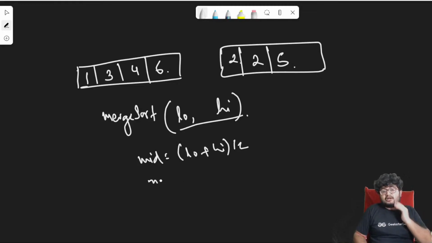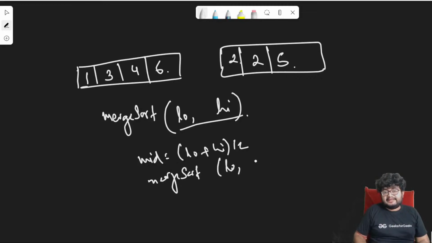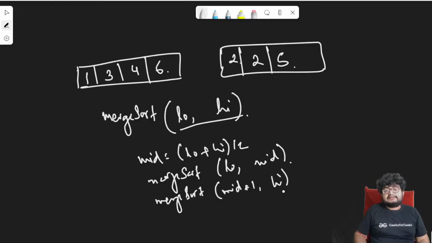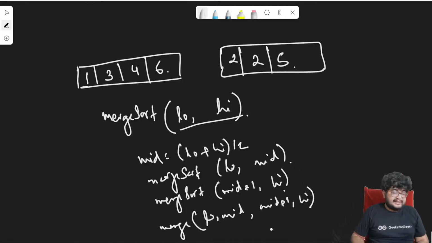We call merge sort to sort low to mid, then we call merge sort to sort mid plus 1 to high. Then we call merge on the first array, low to mid, and the second array, mid plus 1 to high.